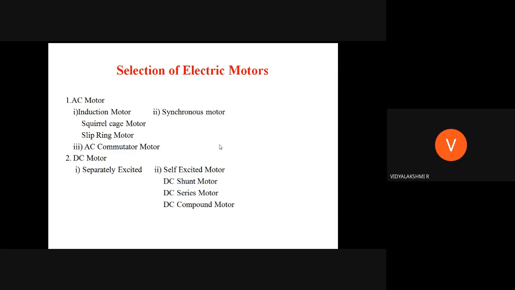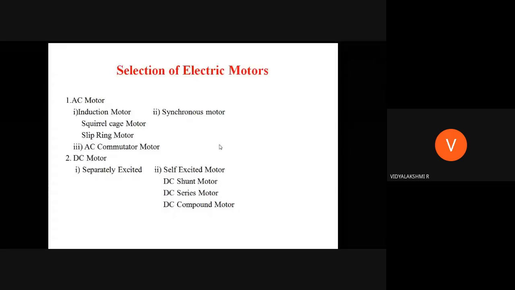Self-excited motor is further classified into DC shunt motor, DC series motor and compound motor. Shunt motor is nothing but if my field winding and armature winding are connected in parallel, this is called a DC shunt motor. I will draw the shunt motor and series motor diagram.